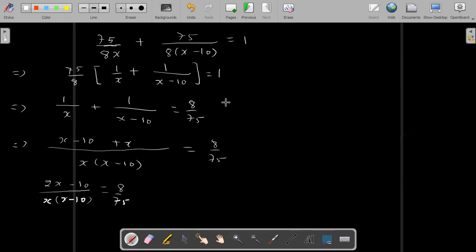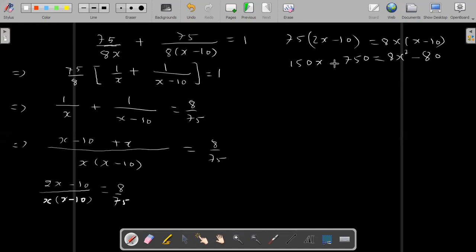Now cross multiply. 75 multiplies with 2x minus 10, and 8 will multiply with x into x minus 10. So we get 150x minus 750 is equal to 8x square minus 80x.